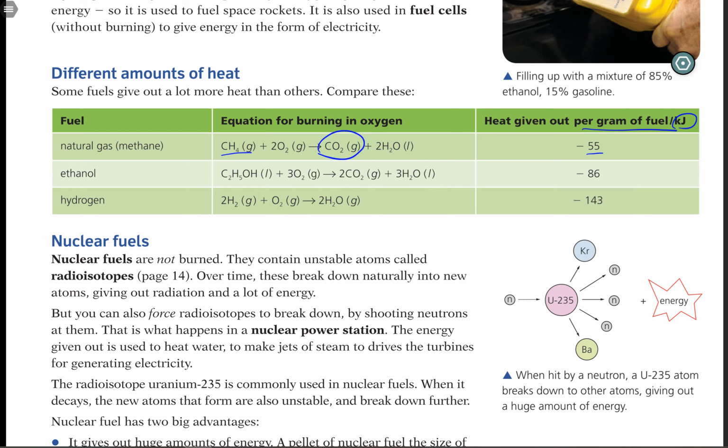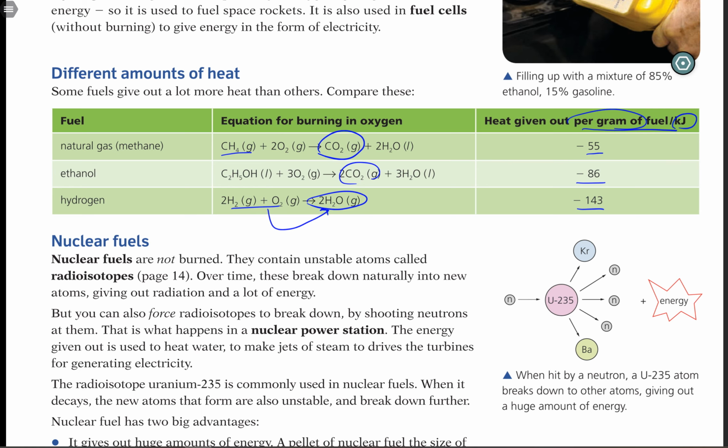It also produces carbon dioxide, but the amount of energy released by burning 1 gram of it is more, 86 kilojoules. The third one is hydrogen. By burning hydrogen, it only produces water, and the amount of energy released is 183 kilojoules per gram of hydrogen.